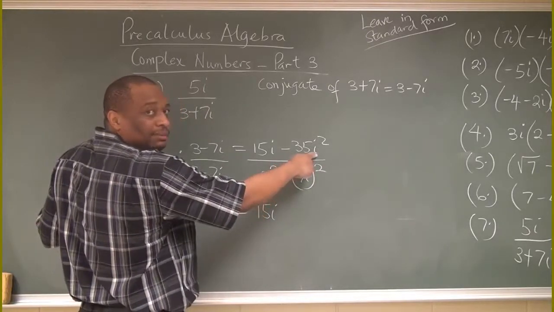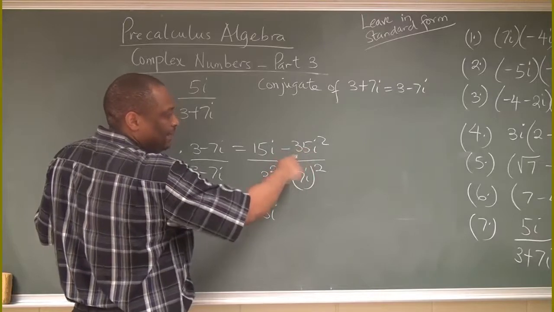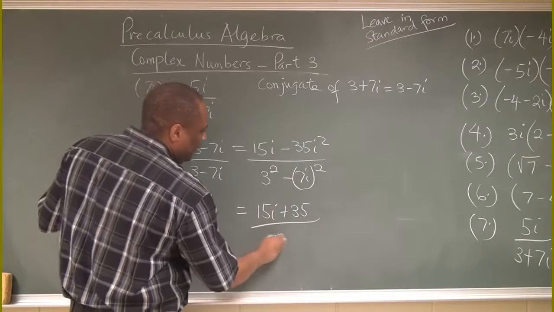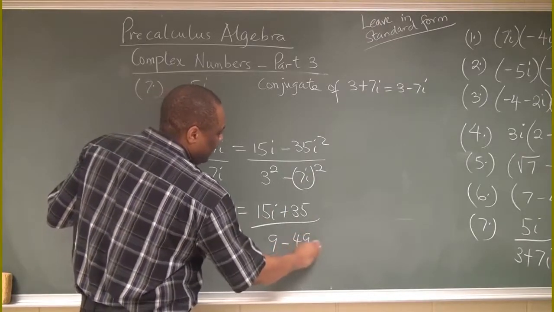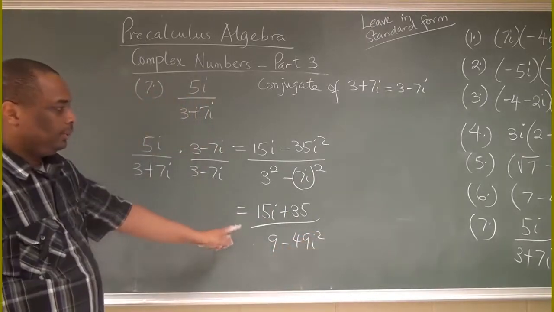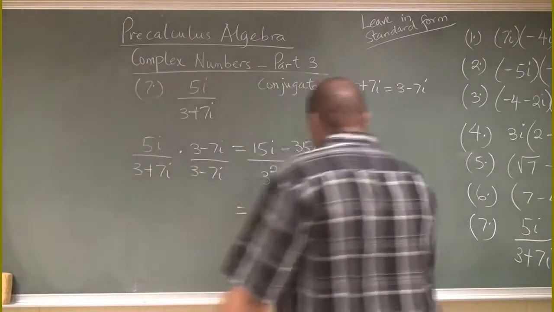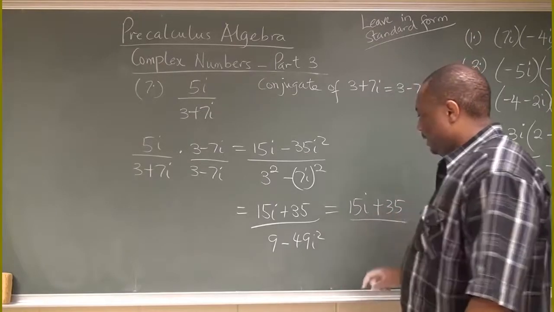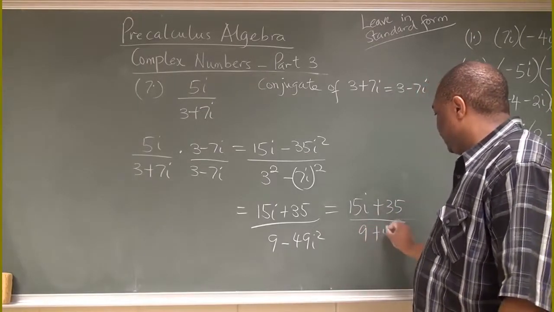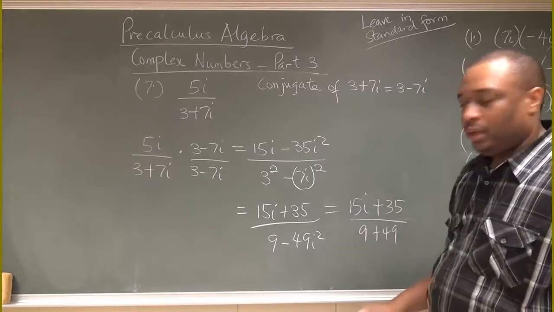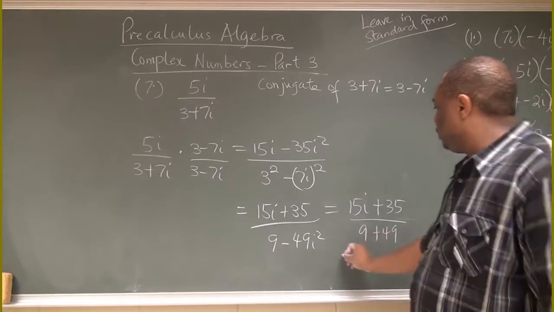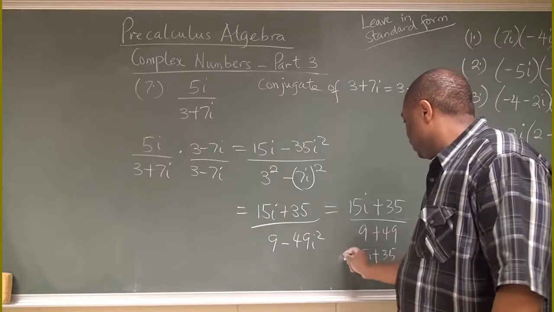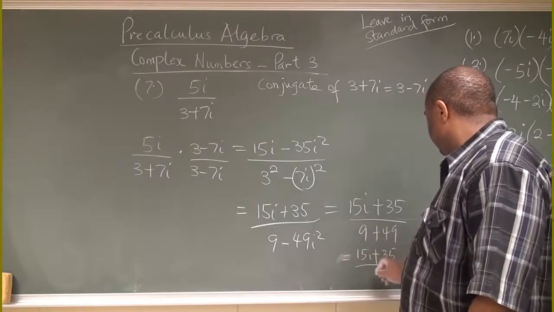Now, this i squared is minus 1 times negative 35 is plus 35, all over 9 minus 49i squared. You see that? So this will now be what? 15i plus 35 all over 9 plus 49. Okay? And that will give us 15i plus 35 all over what? 58.